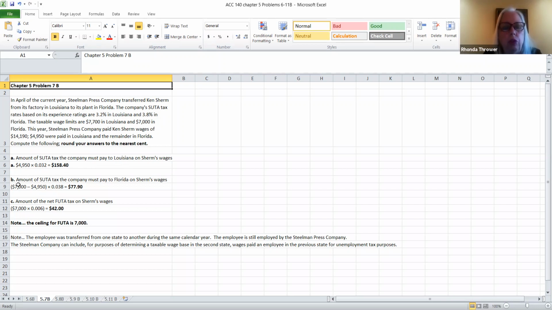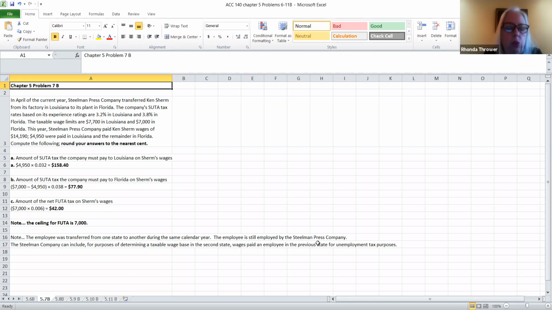In B, they want you to calculate the amount of pseudo tax the company must pay to Florida on Sherm's wages. Now, because this employee was transferred from one state to another during the same calendar year, the employee is still going to be employed by the Stillman Press Company.